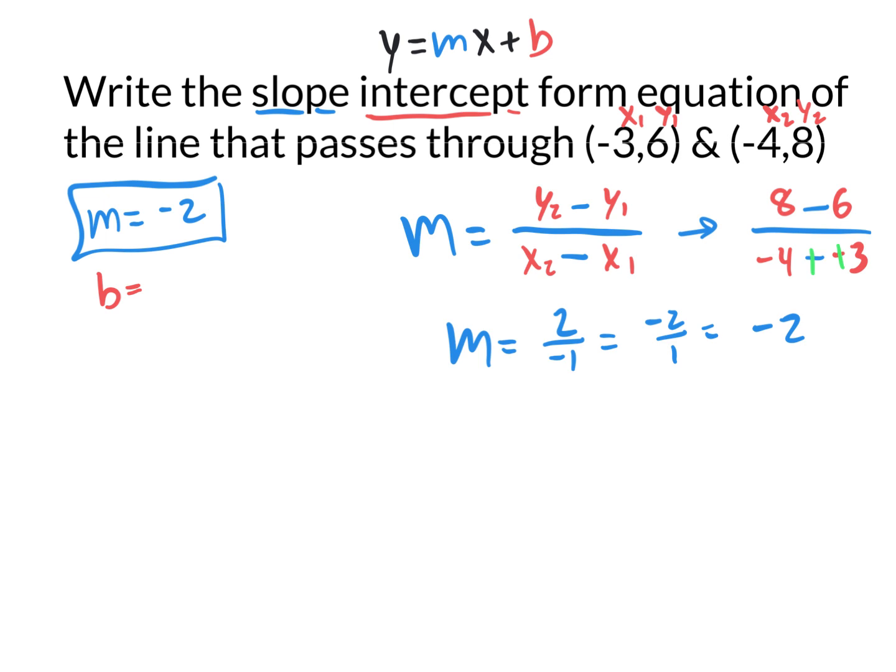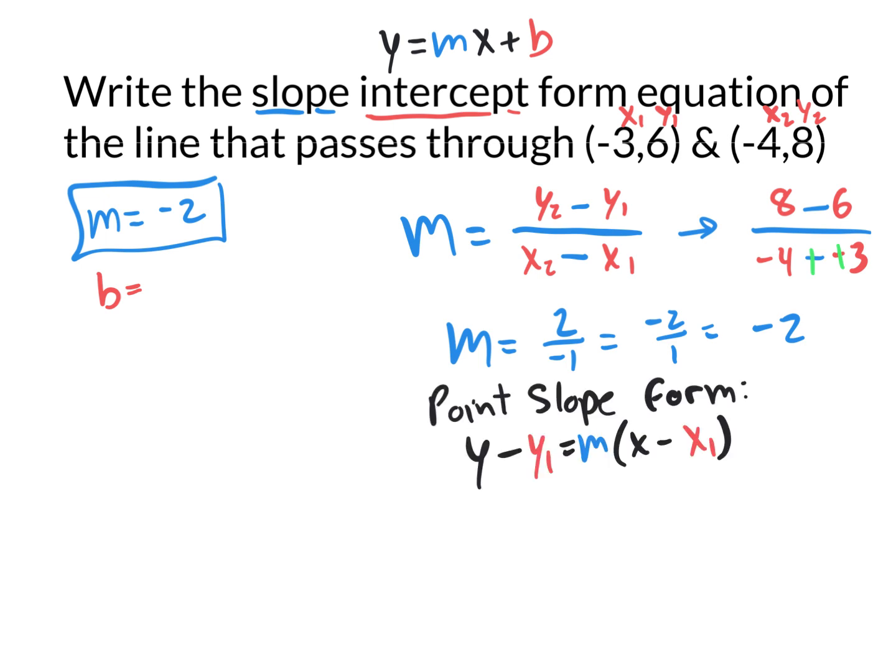So at this point, we have the two points that they gave us, and we have a slope that we just found. So if we know a point and a slope, it may be optimal to go with point-slope form, right? Which is y - y1 = m(x - x1).